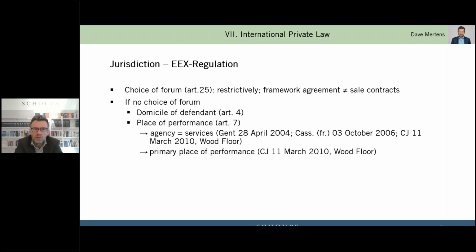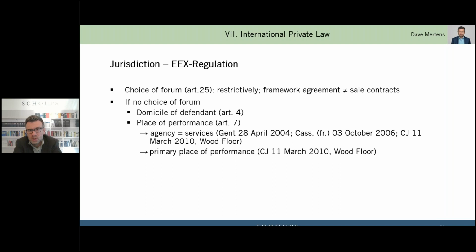If there's no choice of forum, the European rules will apply. As a rule, the domicile of the defendant, which will be most often the principal, or the place of the performance of the services, will be most often the territory of the agent. Because if I look at case law, agency is considered services.